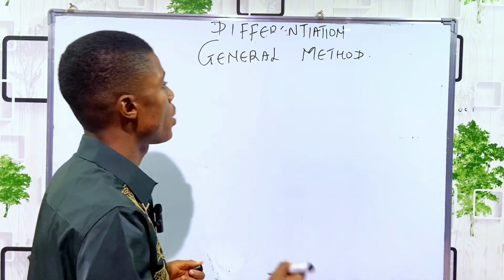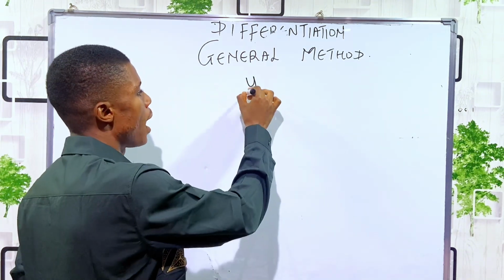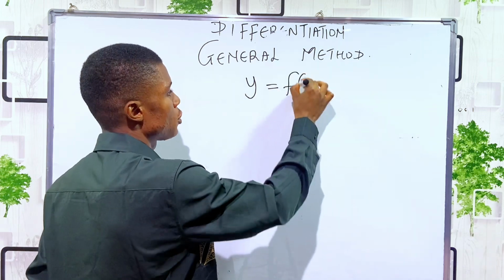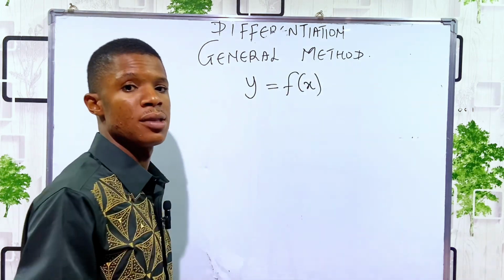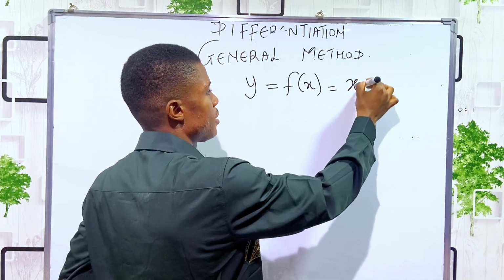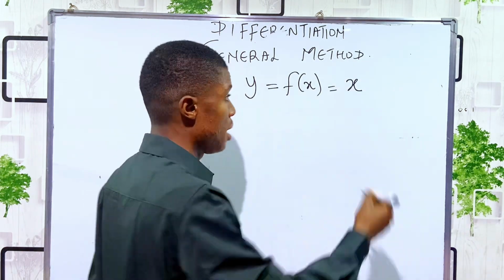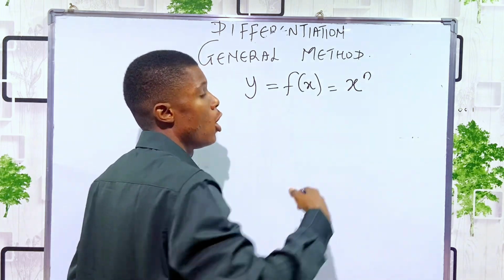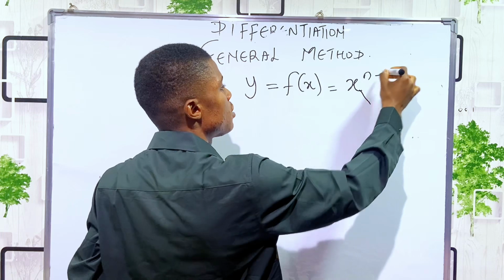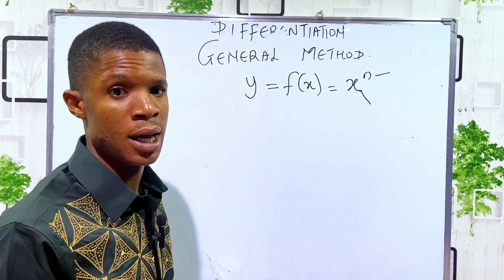Okay, let's say we have a variable y, which is a function of x, and this function is defined to be x to a power of n. We call x the base, and we call n the power or the exponent.